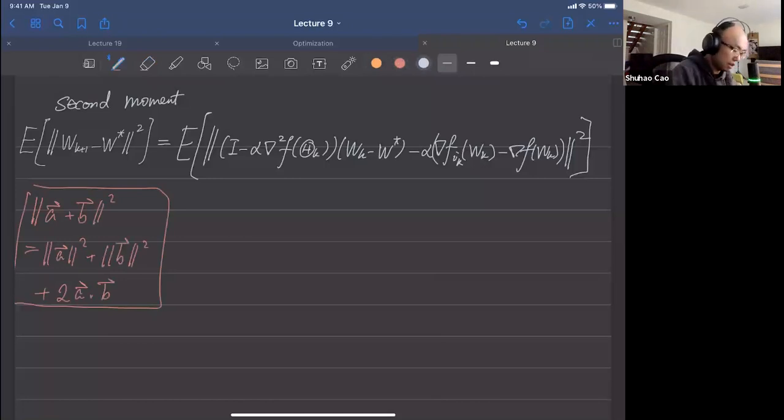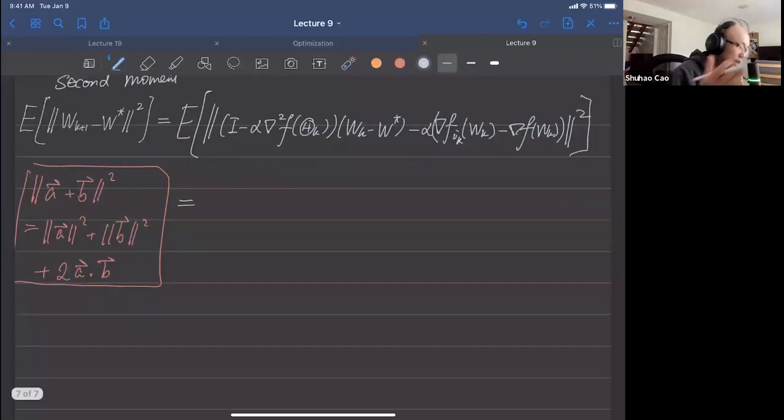Moreover, taking expectation is like taking an integral. It's a linear operation, so we can separate the expectation of three terms.